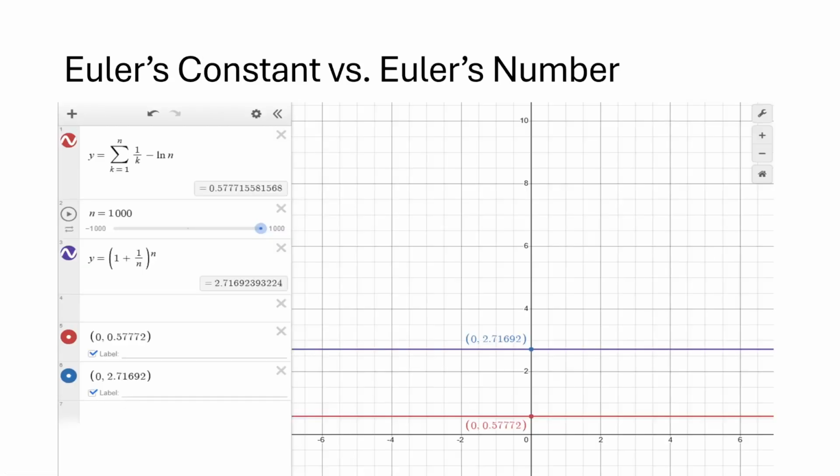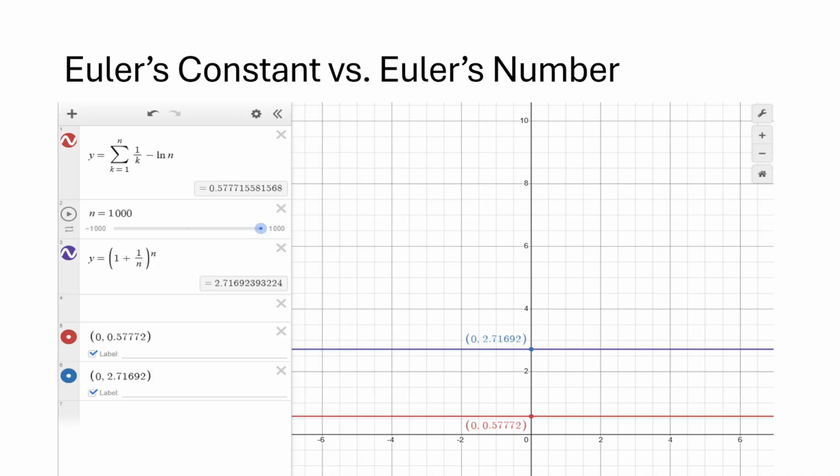So let's first clarify a common misconception. Euler's number, which is what this lesson is about, E, approximately equal to 2.718, is distinct from Euler's constant, denoted as gamma, which is approximately 0.577.